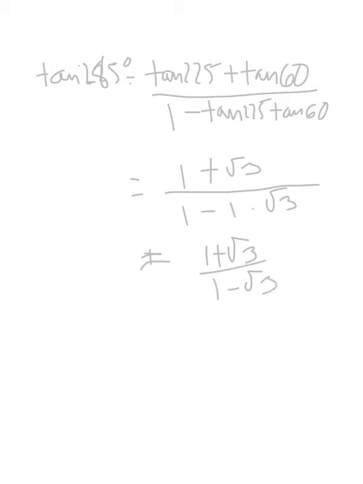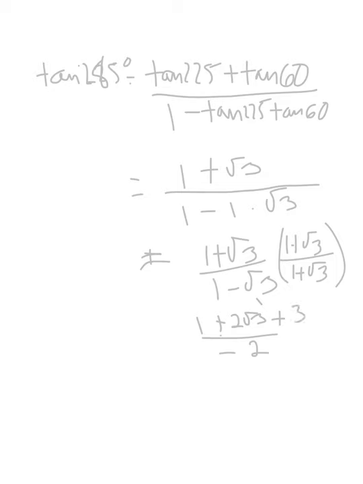And yeah, we could rationalize it. This one you'd have to multiply by 1 plus root 3 over 1 plus root 3, because it's the conjugate of the denominator. And so what do we have underneath? We've got negative 2. And up top we're going to have 1 plus 2 root 3 plus 3.